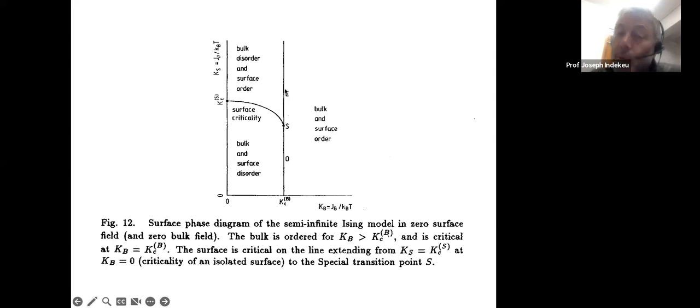So even at bulk criticality, we can speak about the surface order or surface phase separation into plus and minus. And therefore, there are two profiles that exist at bulk criticality. And those two profiles are like a plus surface going into a single phase critical bulk, or a minus surface going into a single phase critical bulk.